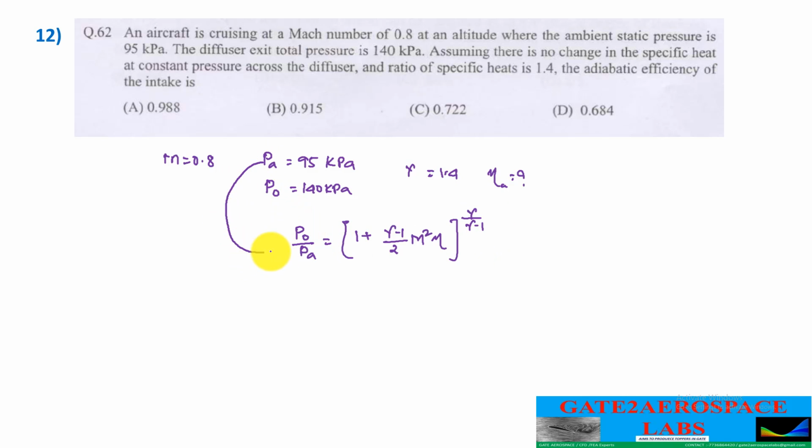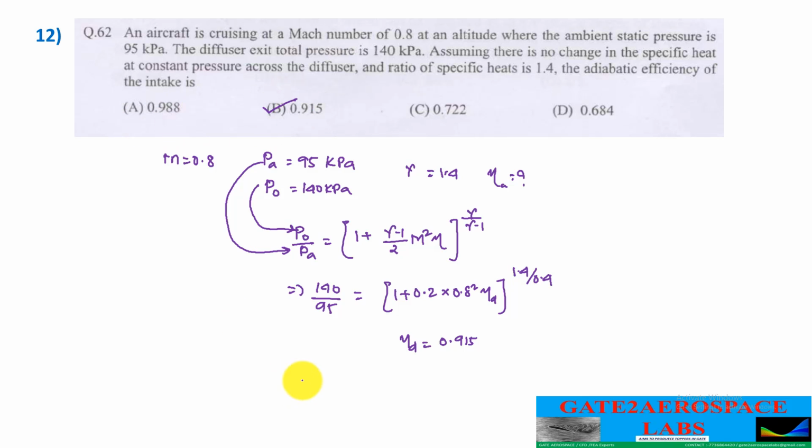You just enter the value of Pa, P naught, and the Mach number. So 140 by 95 equals 1 plus 0.2 into 0.8 square into efficiency, to the power 1.4 divided by 0.4. If you solve this equation, you will get the value of efficiency as 0.915. This is option B.